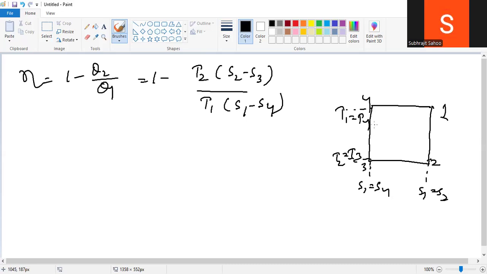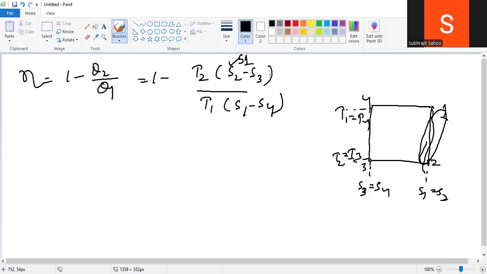Observe, sir. S1 equal to S2, and S3 equal to S4. Here S2 is there. In place of S2, can I write S1? Because here S2 equal to S1 or not? S2 equal to S1.